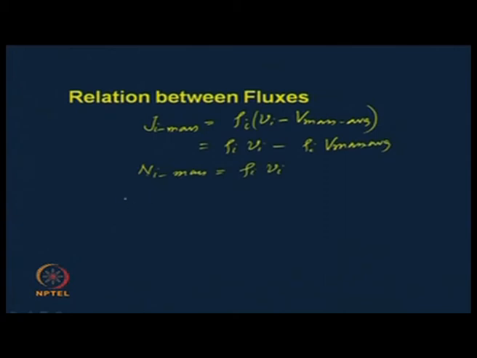So, J i mass is equal to N i mass minus rho i v mass average. So, N i mass will be J i mass plus rho i v mass average.